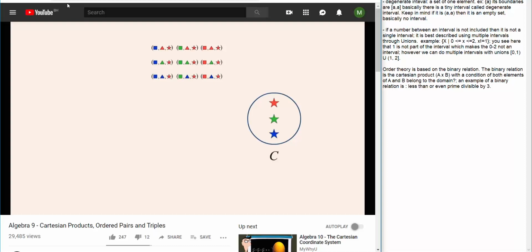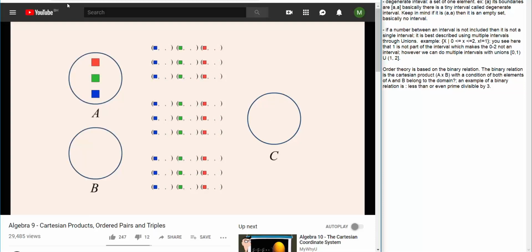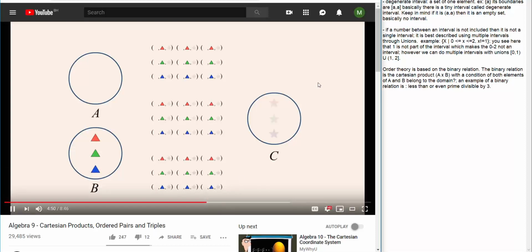We then repeat this, each time choosing a different element from C. When we have done this for every element of C, every possible ordered triple will have been formed, whose first element is from set A, second element from set B, and third element from set C.